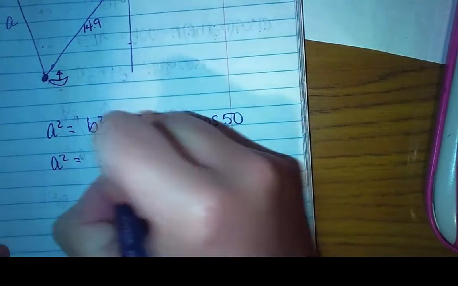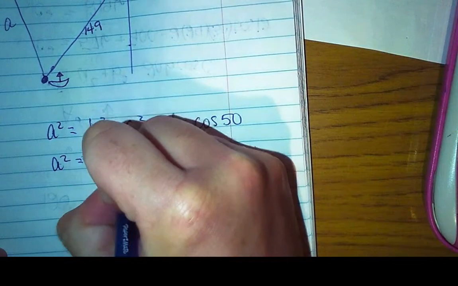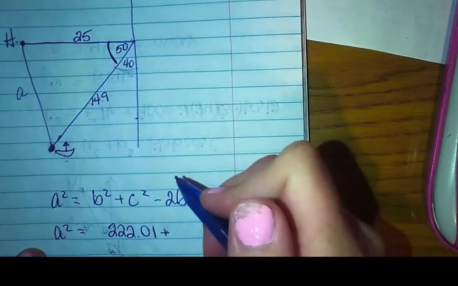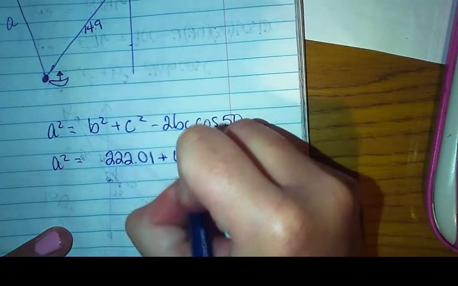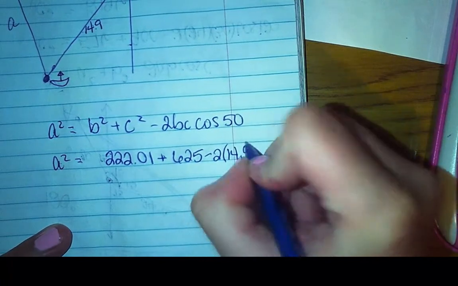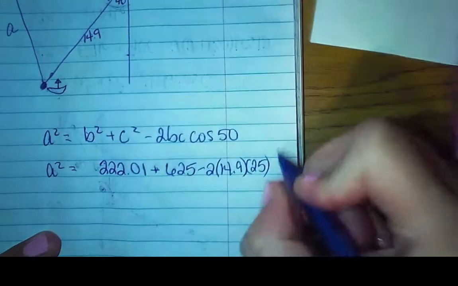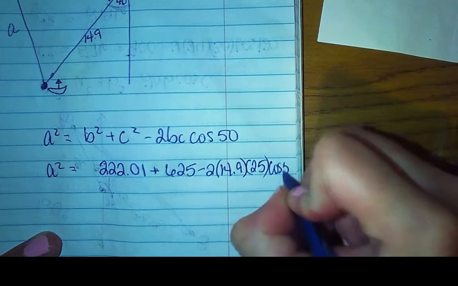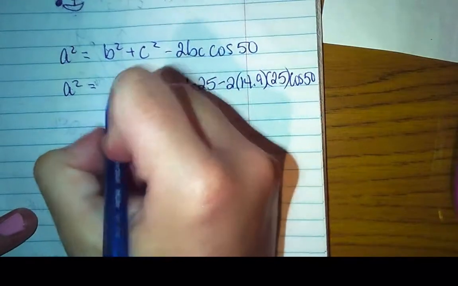Sorry. All right, so A squared, B squared is 14.9 squared, which gives me 222.01, plus C squared, which is 25 squared, okay? So I get 625 minus 2 times 14.9 times 25 times the cosine of 50. So I'll be able to find out what this is. Now, remember, take a square root.